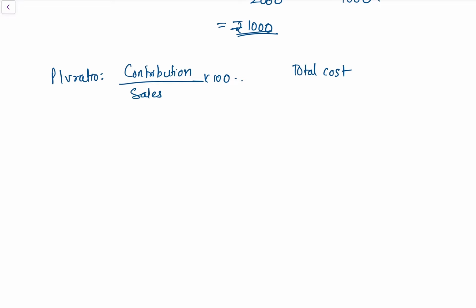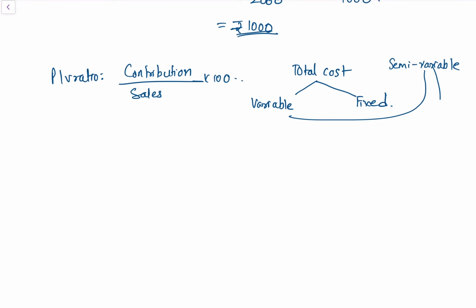Whichever cost we incurred on the product, under marginal costing we always divide into two: one is variable, the other is fixed. And one more is called semi-variable. But semi-variable we always segregate and put under variable and fixed, to the extent which relates to fixed and to the extent which relates to variable.